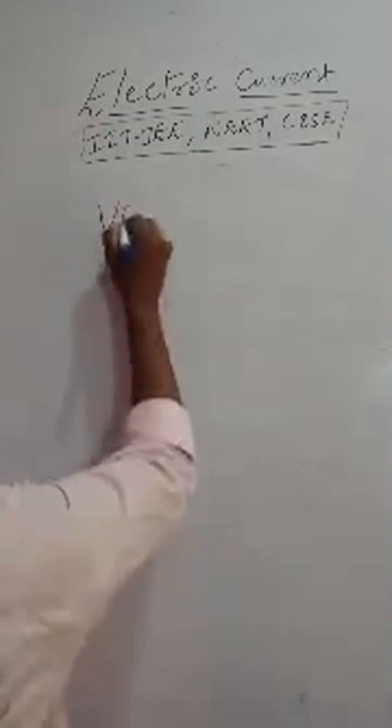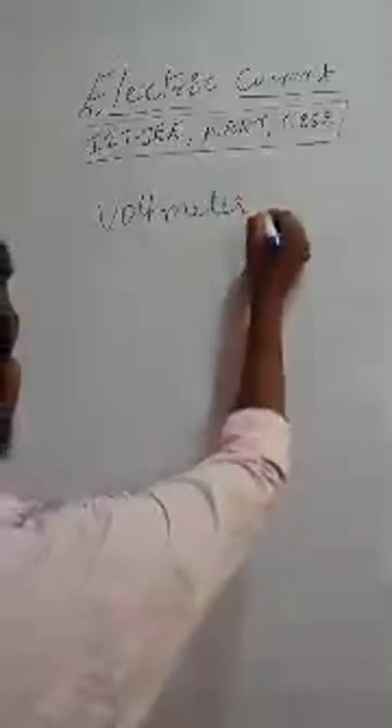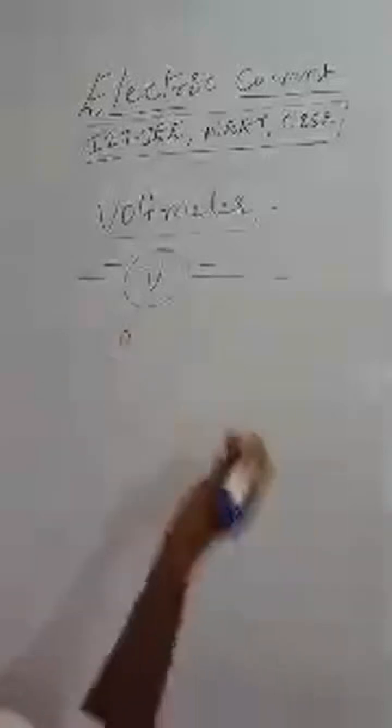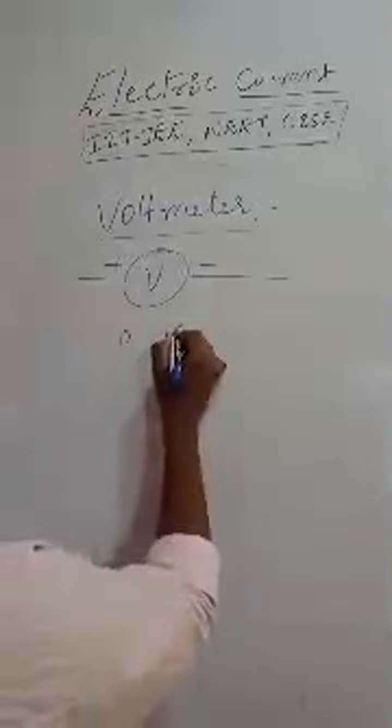So what is a voltmeter? Here I am considering voltmeter like this, with the symbol like this. Now again 4 points. Just now I discussed potential difference.